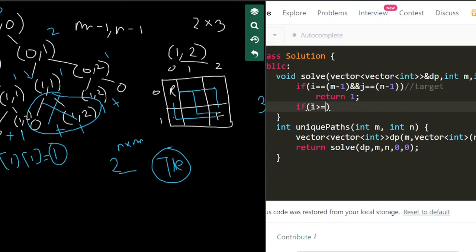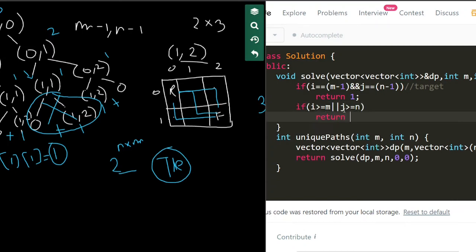So if i goes beyond m, or equals m, or if the robot continues to go towards the right, then j keeps increasing. So if j goes beyond the boundary, we're going to return 0.